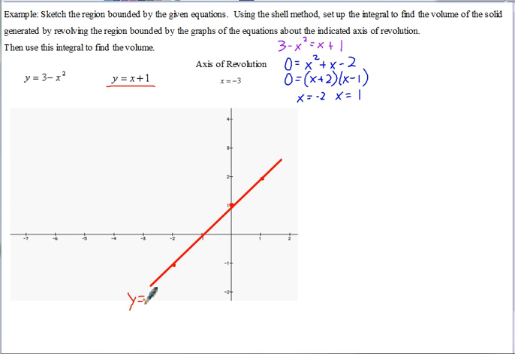There's y equals x plus 1. And you can see the other graph is just an upside down parabola, where the 3 shifts the graph up 3, and the negative in front of the x squared makes it upside down. And we already know these are points of intersection, so it's just going to curve down like this, and down like that.